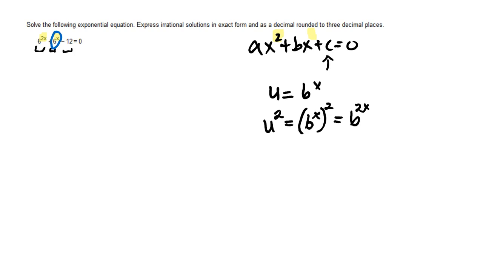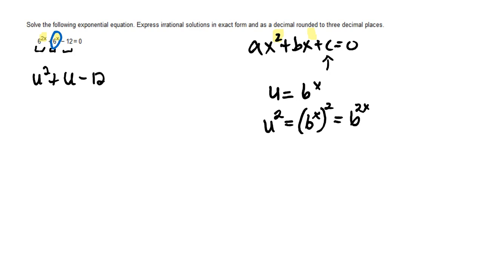So with this substitution, we're going to change our equation, which had those similar properties to a quadratic, and watch what happens when we make that substitution. So the 6^(2x) becomes u squared. The 6^x becomes u.